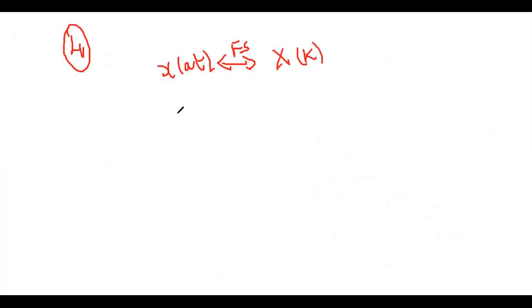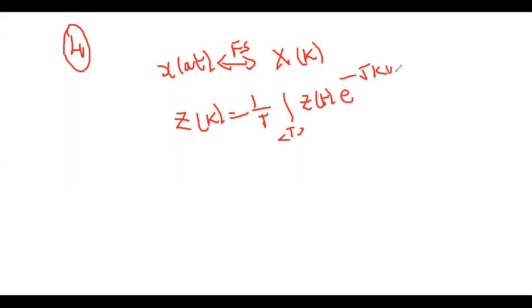Now, the analysis equation says that z of k is equal to 1 by T, the integral over T, of z(t) e power minus jk omega naught t dt. Proof.